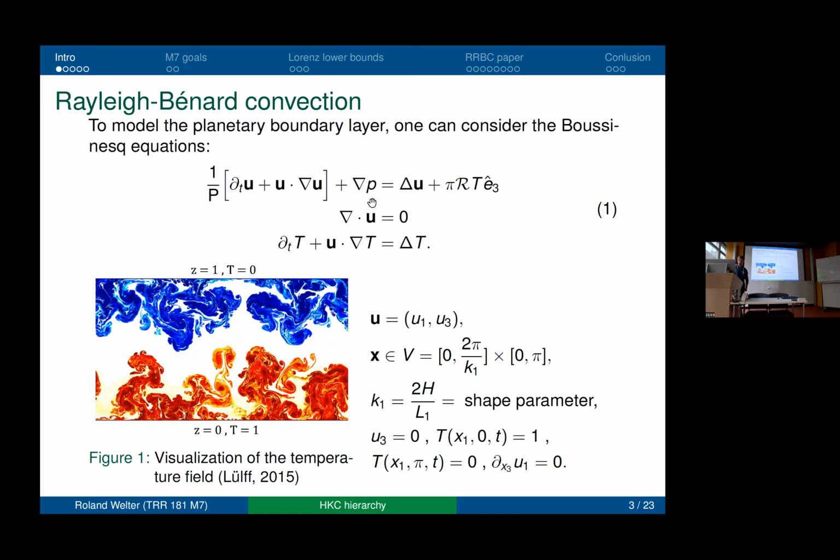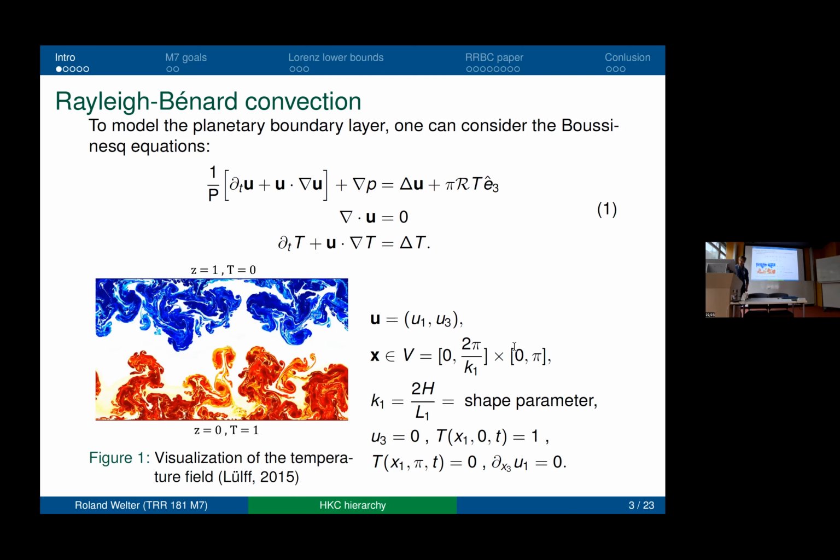Mathematically, this means that we're solving the Navier-Stokes equations in this domain, coupled to an advective heat equation via a buoyancy force. And so here we have a picture of what's going on. We have the fluid heated from the bottom and cooled from the top, and this induces a turbulent flow.